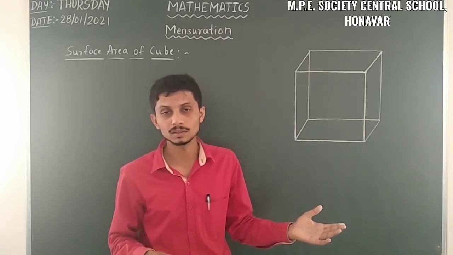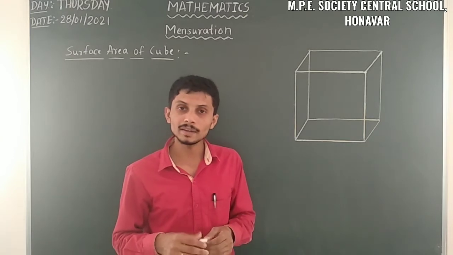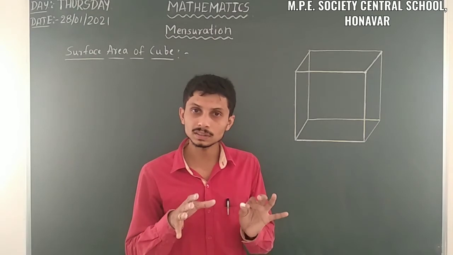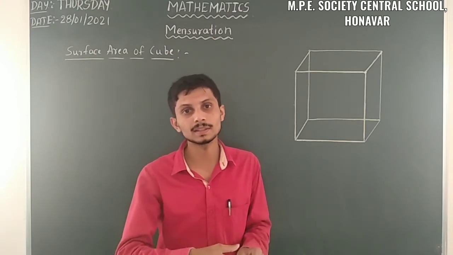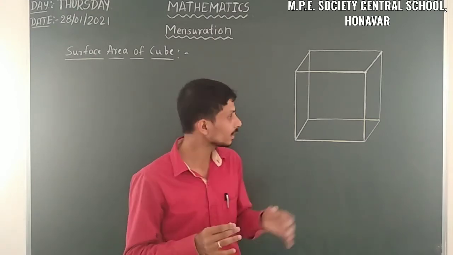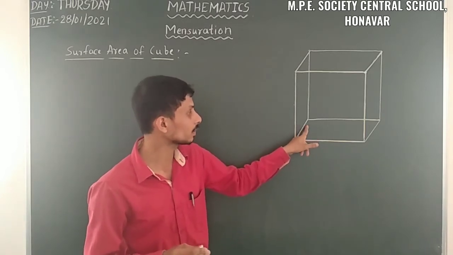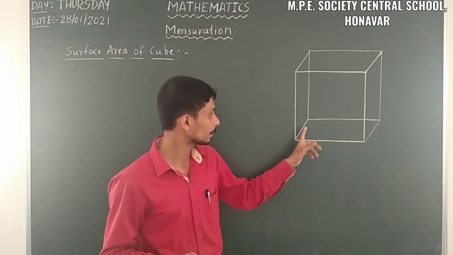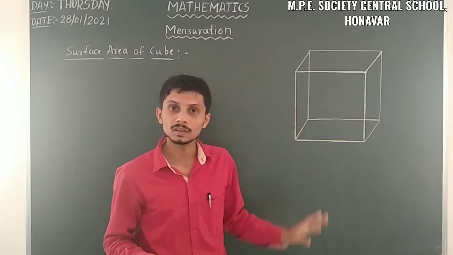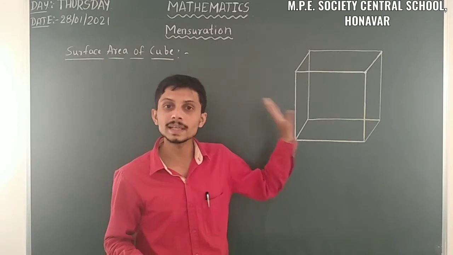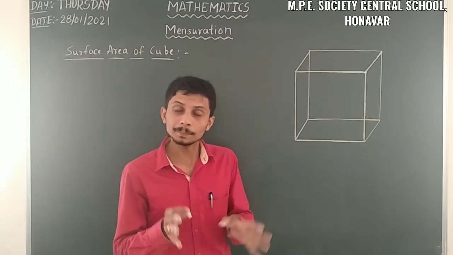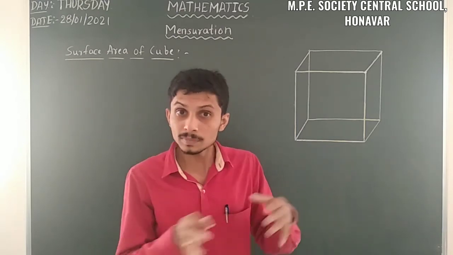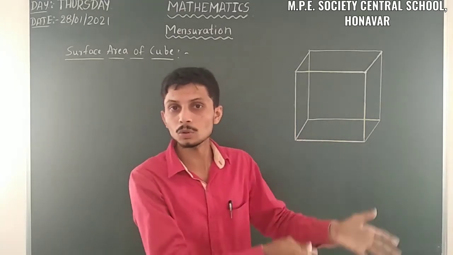From that we can find the total surface area and lateral surface area of the cube. Another thing, compared to the cuboid: in a cuboid, length is different, breadth is different, and height is different. Here also we have length, breadth and height, but the length, breadth and height of the cube are the same. So when the length, breadth and height of the cuboid become equal, the cuboid turns into a cube.